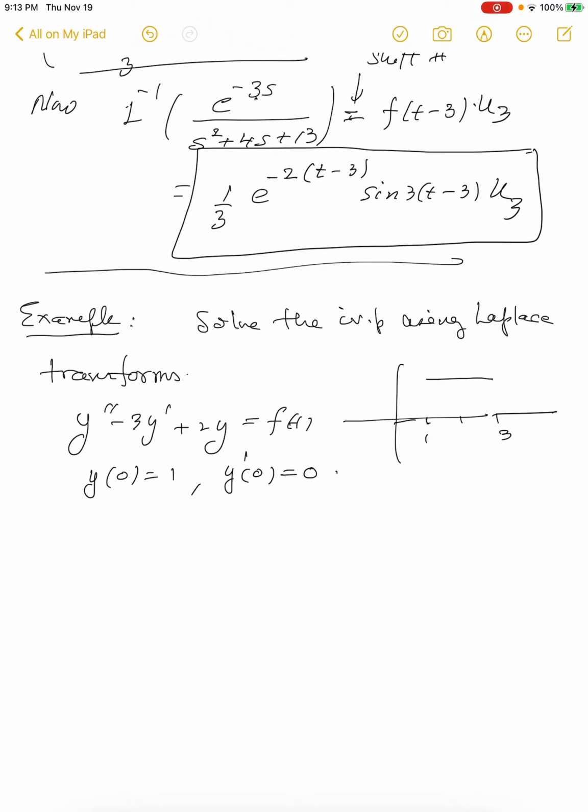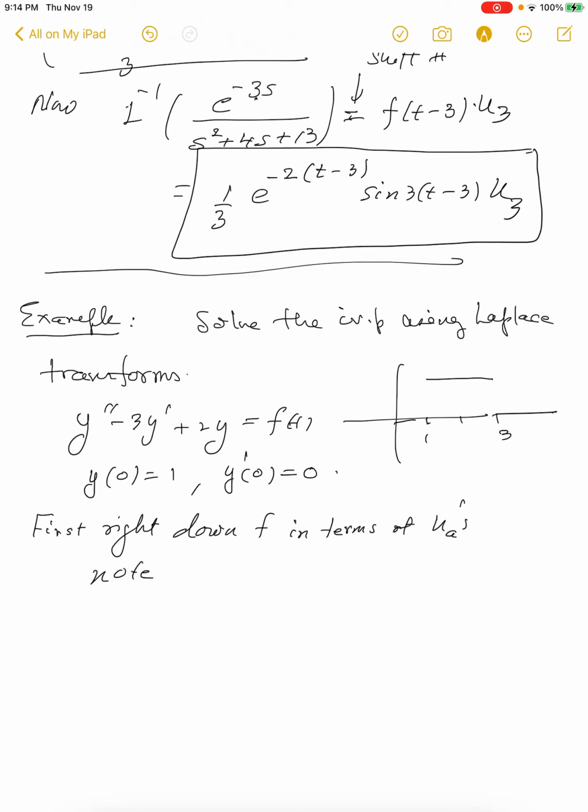See, this is where we will need the techniques of Laplace transform and not our previous ways of solving constant coefficient systems. So we begin by first writing down f in terms of u_a's.